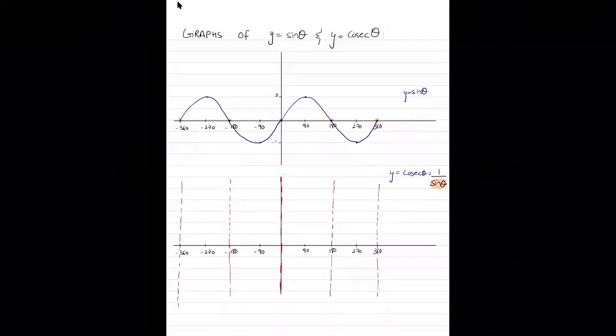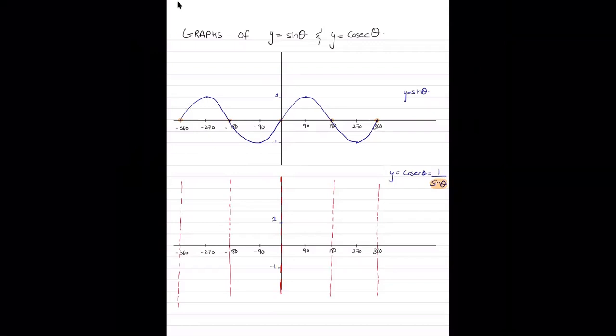Then, when the value of sine theta was 1, what is going to be the value of cosec theta? 1. Yes, this is 1, this is negative 1.